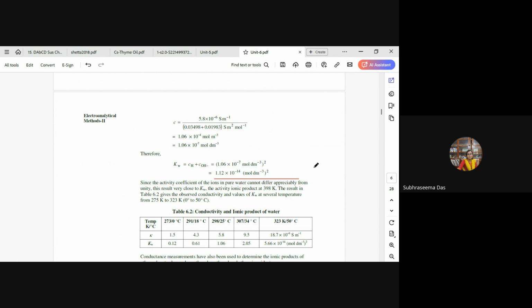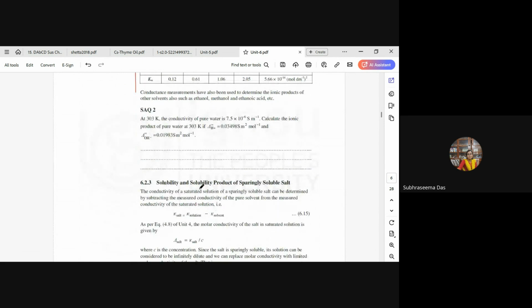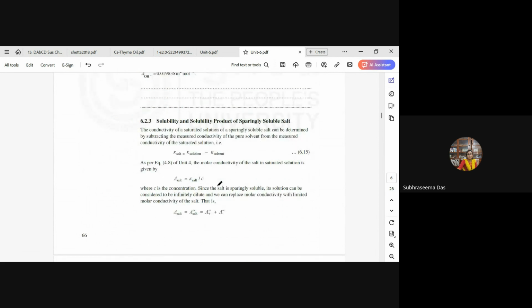Here table 6.2 shows the ionic product Kw and conductivity of water at different temperatures. Then, measurement of solubility and solubility product of a sparingly soluble salt. The conductivity of a saturated solution of a sparingly soluble salt can be determined by measuring the kappa of the solution minus the kappa of the solvent.